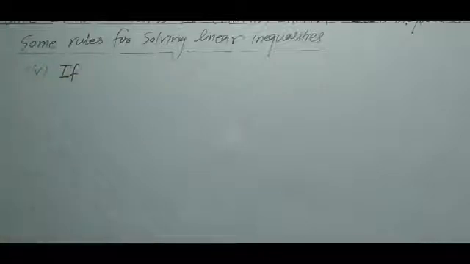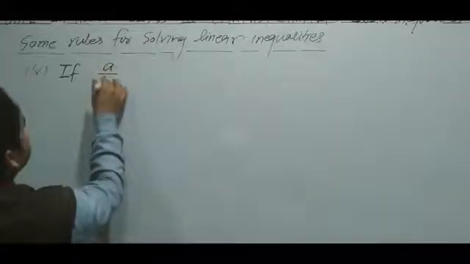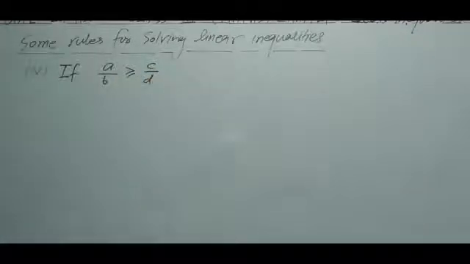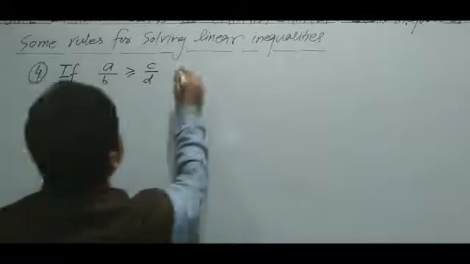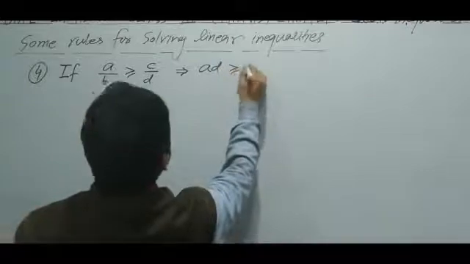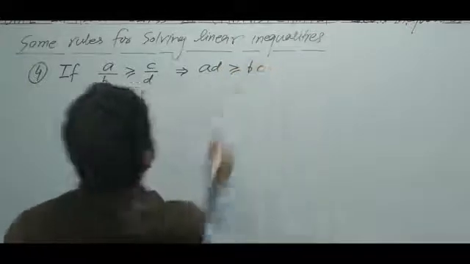If A by B is greater than or equal to C by D, what can we write? This is the fourth part. If A by B is greater than C by D, then we can say AD is greater than BC. Then AD is greater than or equal to BC.